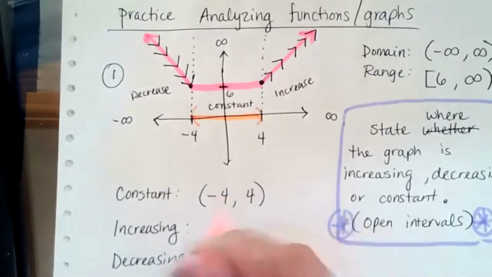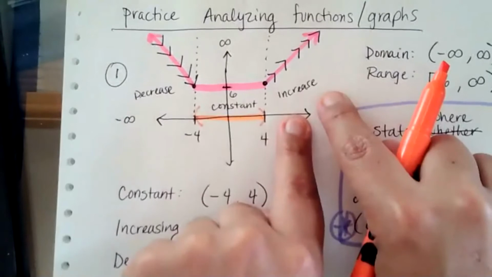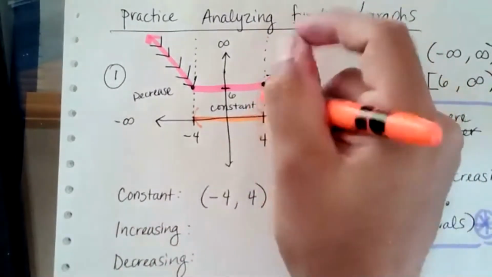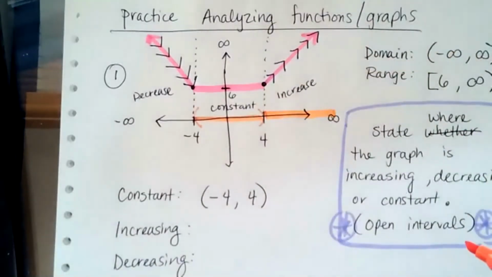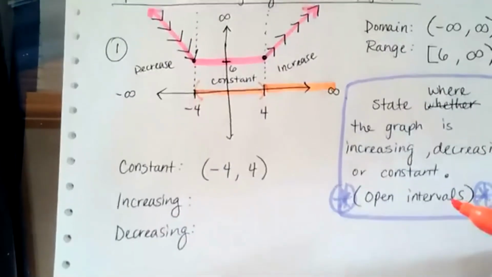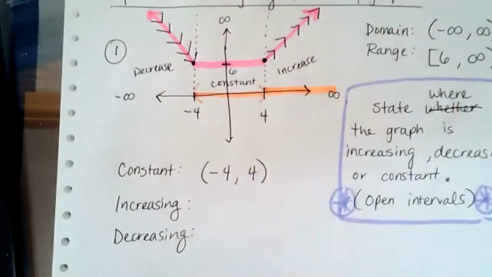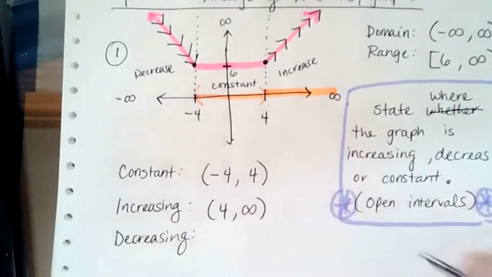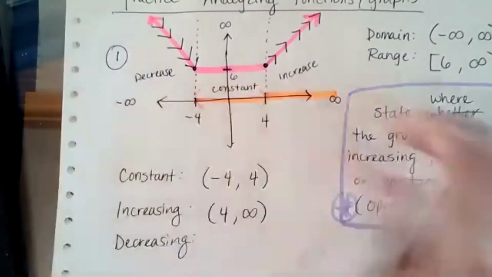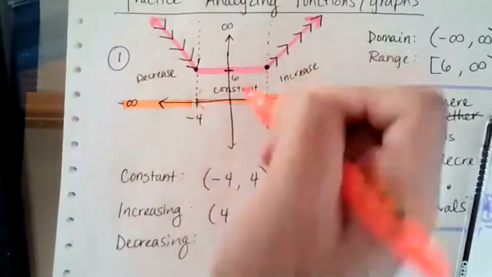So this increasing portion, as I've labeled it over here, is only from 4 to infinity. Does that make sense? So the increasing part of the graph is above this region of the domain, from 4 to infinity. And the decreasing portion of the graph is over here from negative infinity to negative 4.